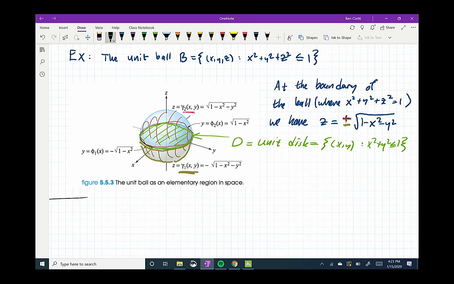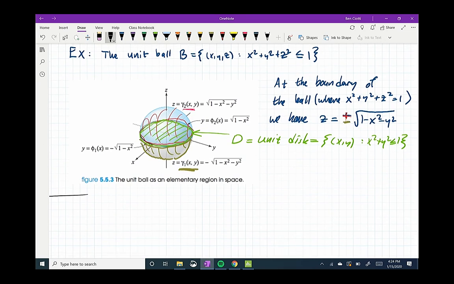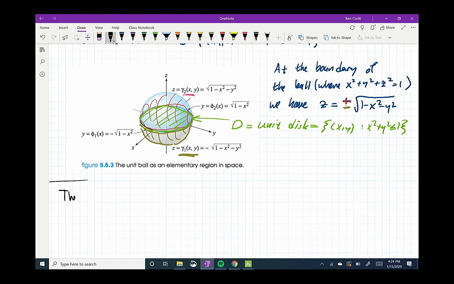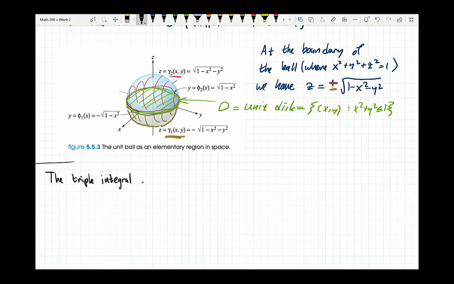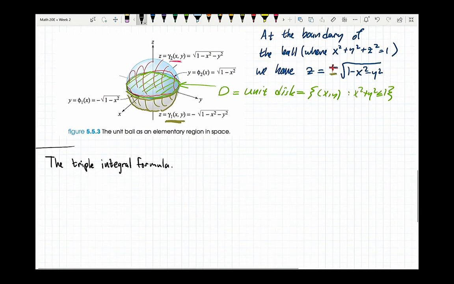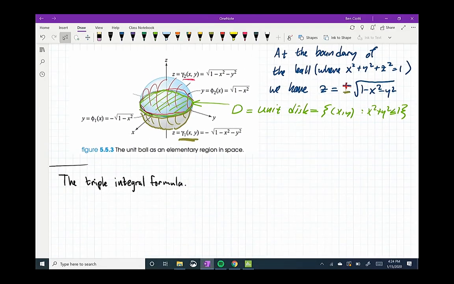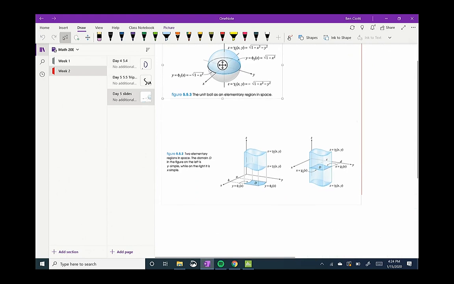Now, let me give you the formula for integrating over an elementary region. So I'm going to need a picture here. In fact, let me import another picture, which is this one.